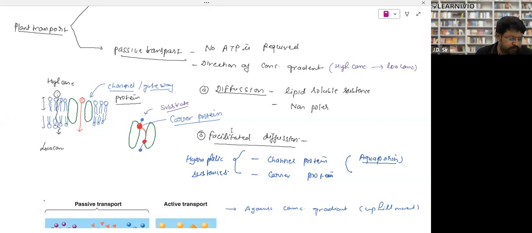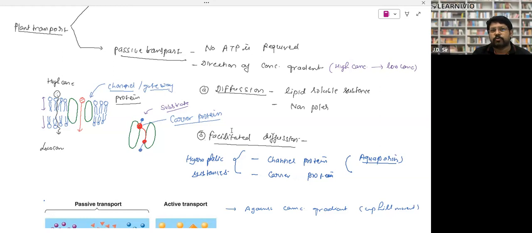Diffusion is the process of movement of molecules from their higher concentration to lower concentration.